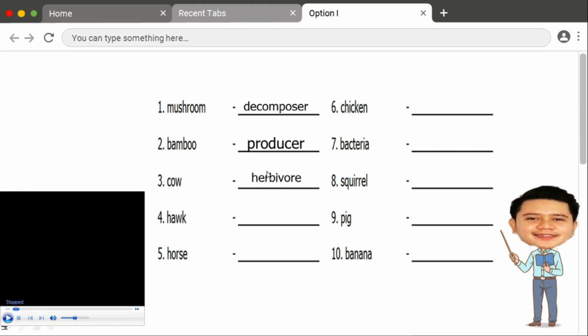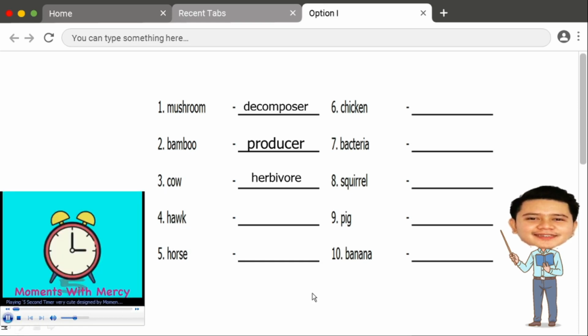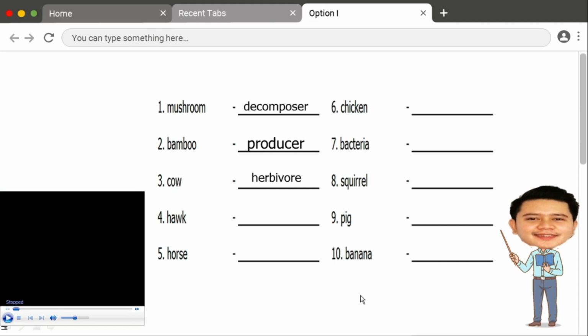It can only eat plants. Next, hawk. What is it? 5 seconds. Okay, a hawk is a carnivore. Next, a horse. What kind of animal is it?